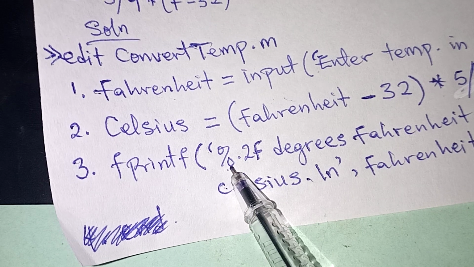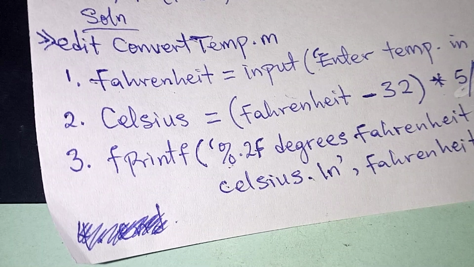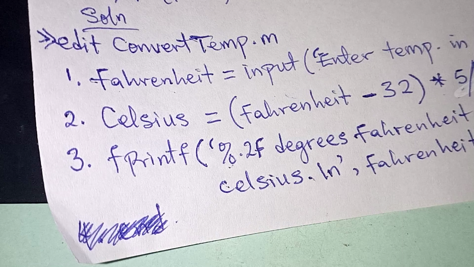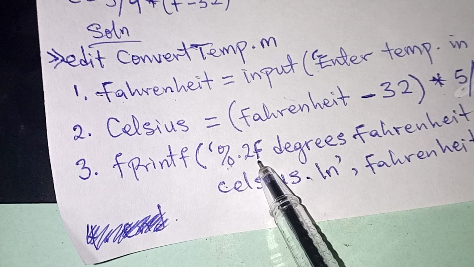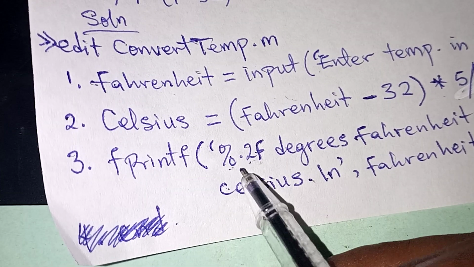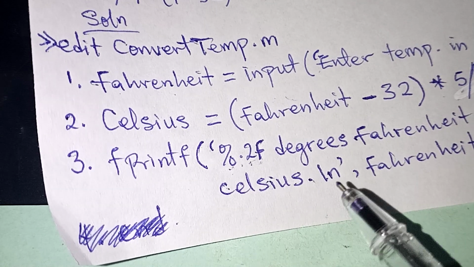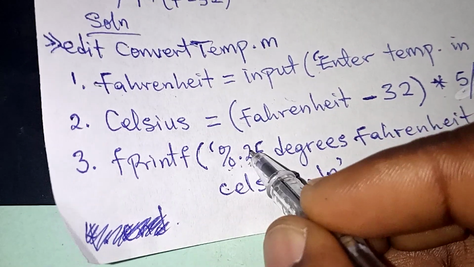This percentage sign is actually a placeholder. It is telling it you want to put a digit. I don't want the digit to be more than 2. This is the .2. If it's 10.55555, it should just be 10.55. Only 2 places of decimal.